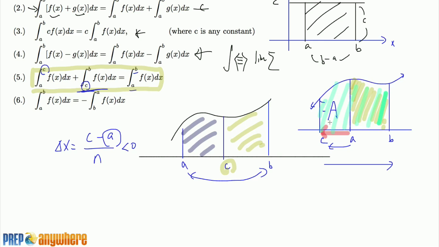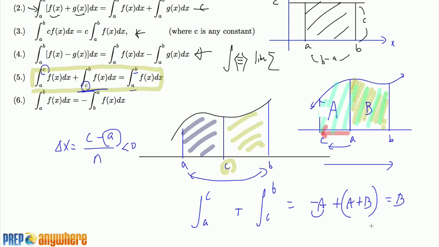So let me say that's area A and this is area B. Here, look: integration from a to c plus integration from c to b, if c was to the left of a, is the following: minus A plus A plus B. Does that make sense? Minus A, and c to b is A plus B. That gives you B still. That still gives you the integration from a to b.